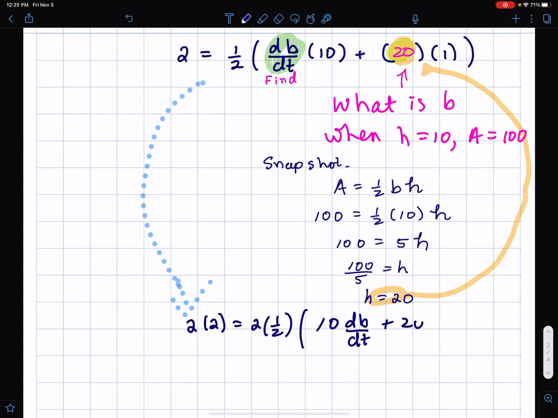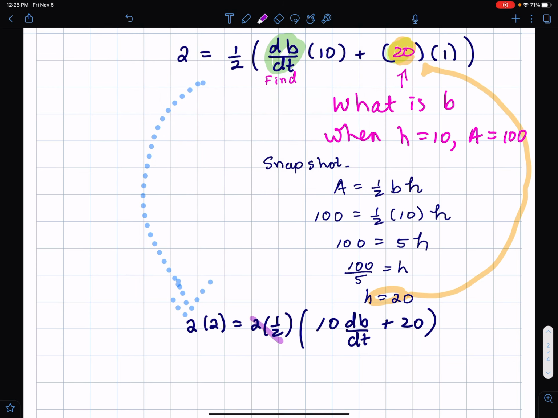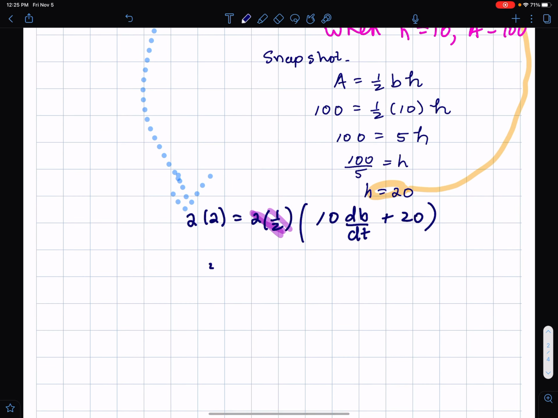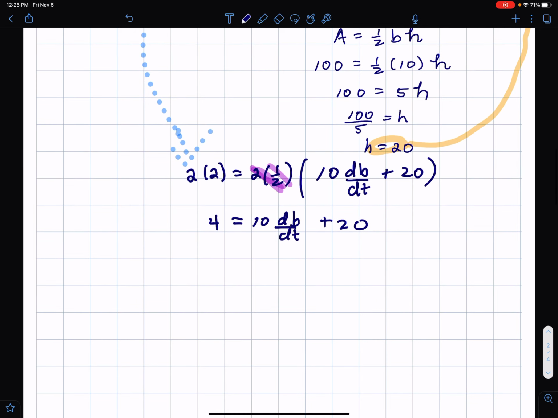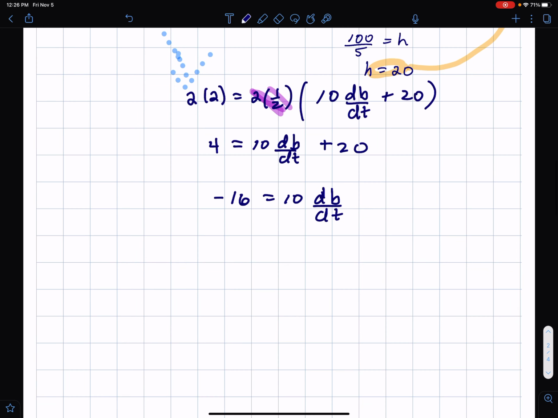Plus 20. So these cancel out, and multiplying both sides by 2, therefore I get 4 equals 10 dB dt, but you know, this is really just algebra here. Does that make it easy? Some of those algebra problems from beginning algebra are super difficult, I think. Okay, then we'll divide.